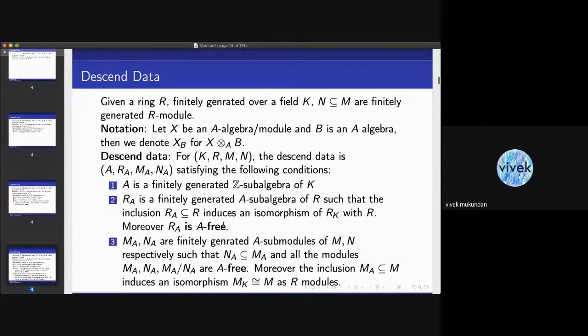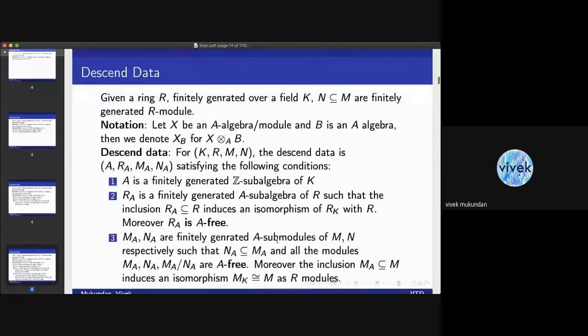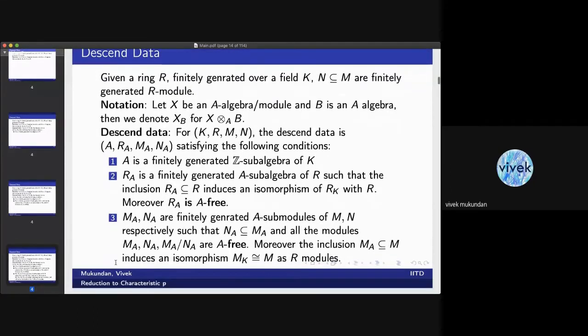The third condition is that M_A and N_A are finitely generated A-submodules of M and N, such that N_A is contained in M_A, and you want all these to be A-free: M_A, N_A, and M_A mod N_A.